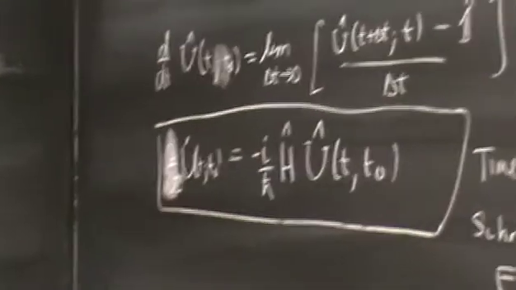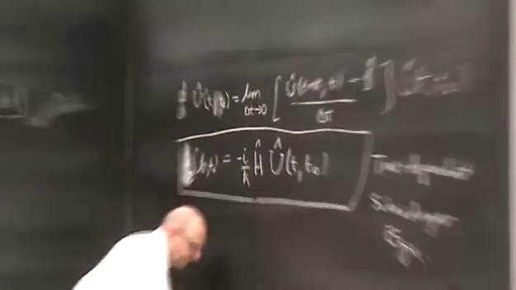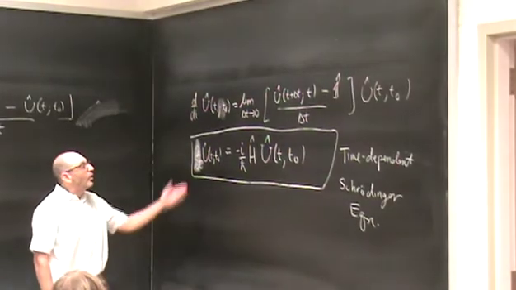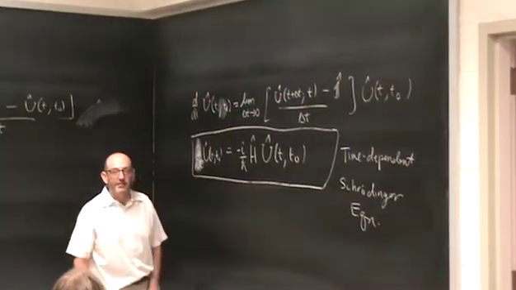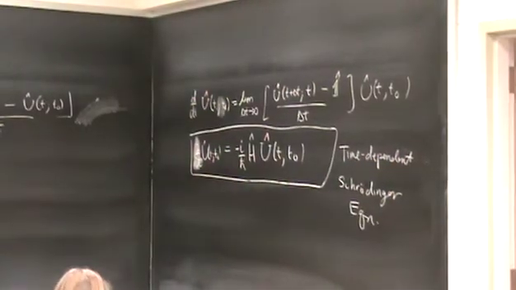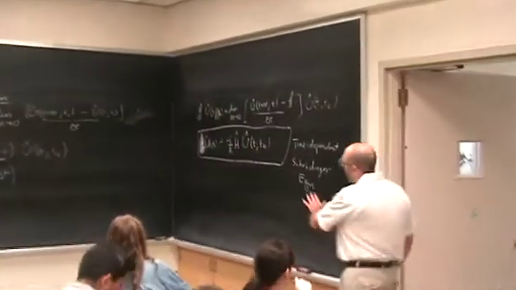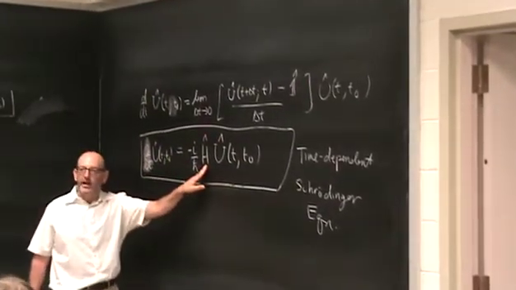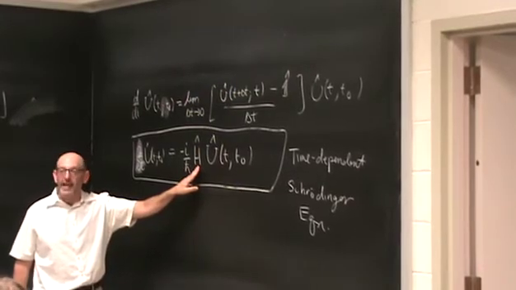All right, so what is the solution to this equation? It depends on whether the Hamiltonian depends on time. Right now, let's say this is just an operator that doesn't depend explicitly on time. I have to come back to what that means anyway.